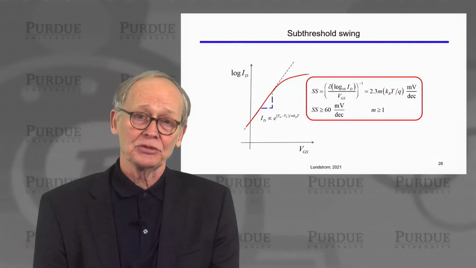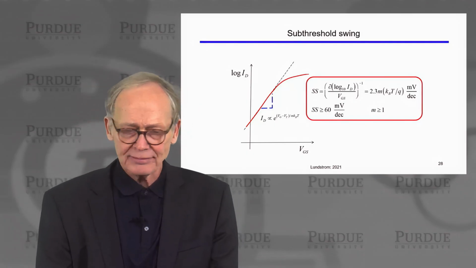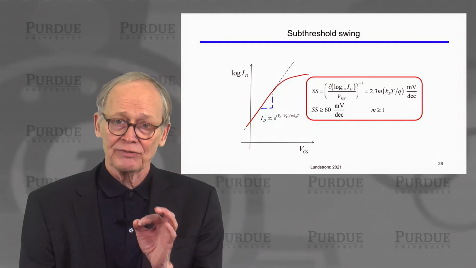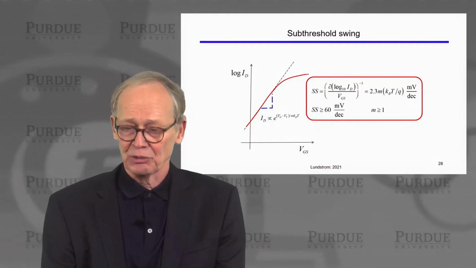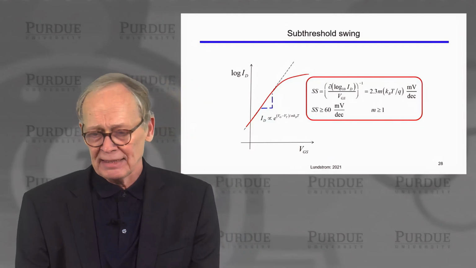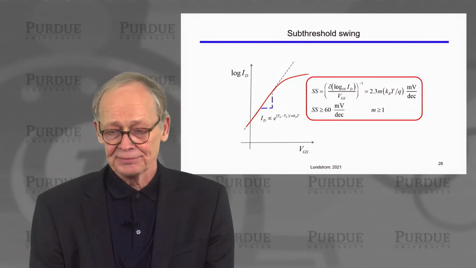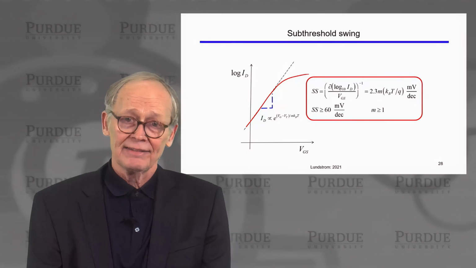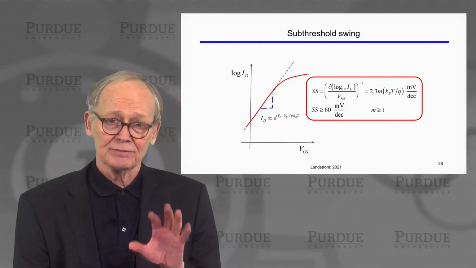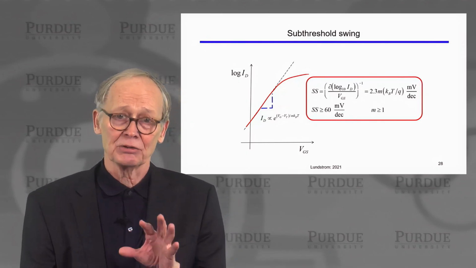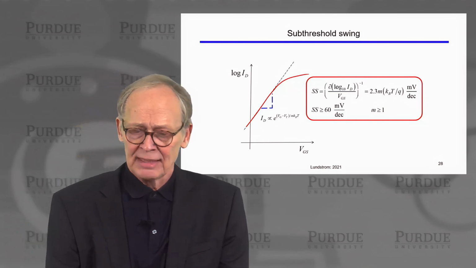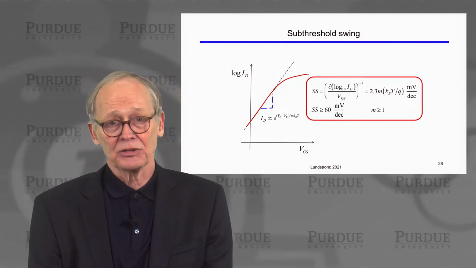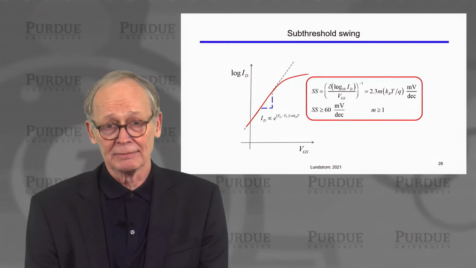That allowed us to deduce the subthreshold swing, and we found that it was 2.3 times this numerical factor m, which is always greater than or equal to 1, times kT over q. If m is 1, that's 60 millivolts per decade. That's a fundamental limit for the way that this barrier-controlled device operates. And the transistor designer tries to make m as close as possible to 1.